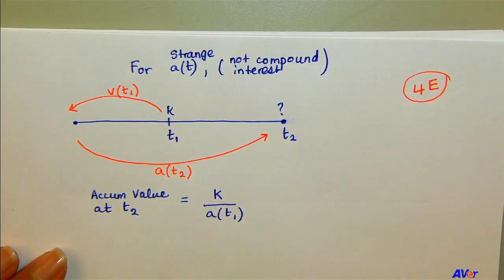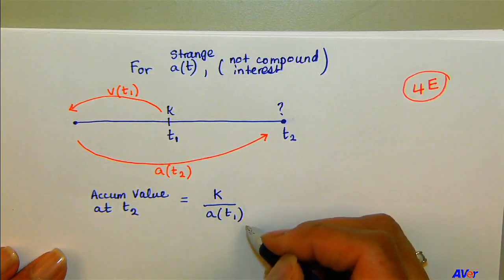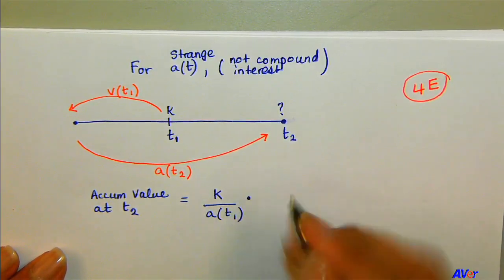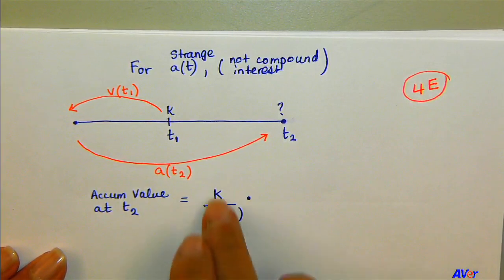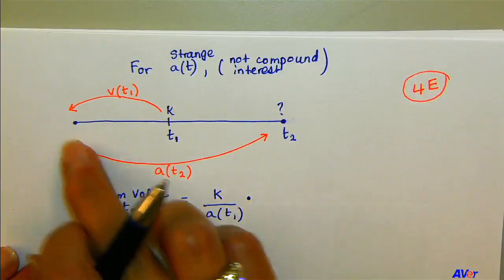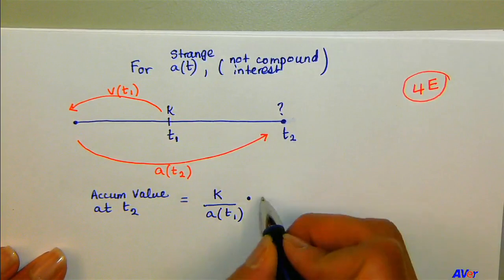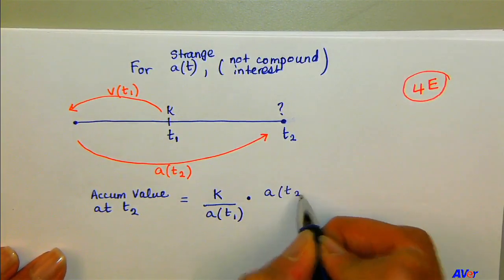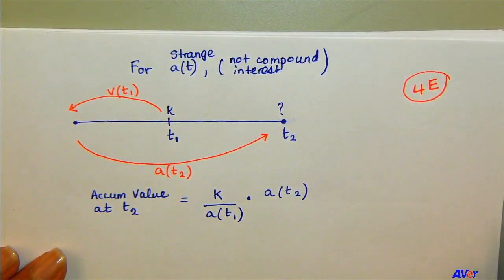I'm trying to gear up to you doing your written assignment. So I'm in baby steps spoon feeding you, okay? K over a of t1, and that would be the value at time 0. And then I will grow that. So a of t2. Agree?